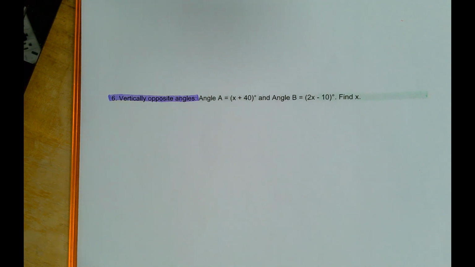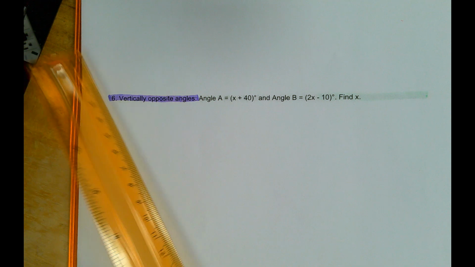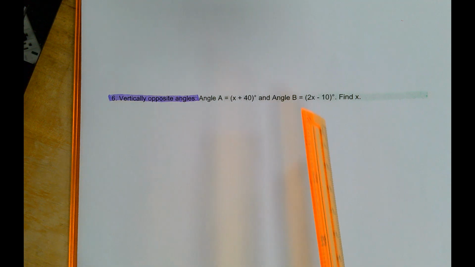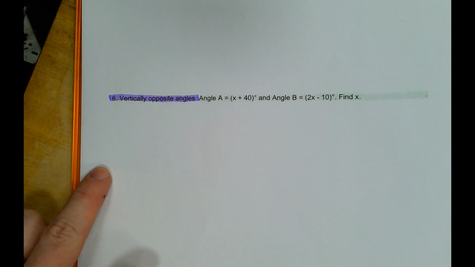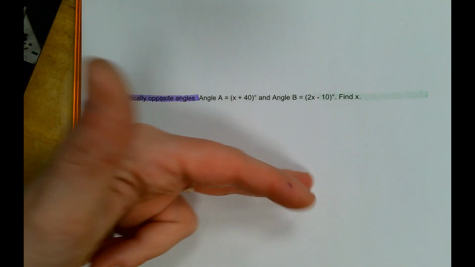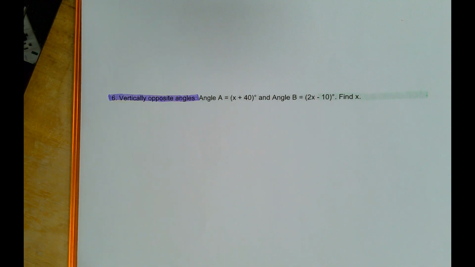Yeah, totally could be. Now, the only thing is we might not get an accurate picture if we don't know what angle A measures and what angle B measures yet. But we could start with just drawing a line, and we know we'll have to put another line through it. Does that make sense? Okay, I'm going to do that.